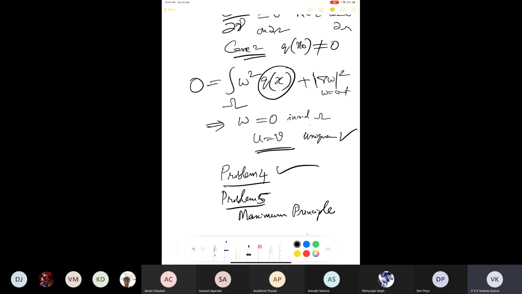The rest of the problems you can have a look at, and we will see what has to be done. Tutorial sheet 5 is based mainly on the heat equation; this one was entirely Laplace equation, that is entirely heat equation, and other things are also there. Unless I do that, we cannot proceed for the exam.